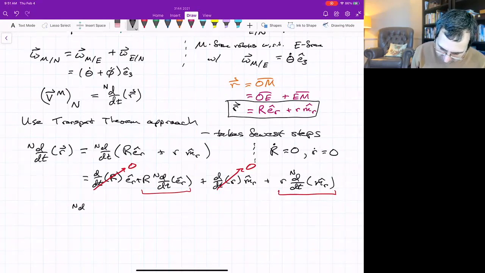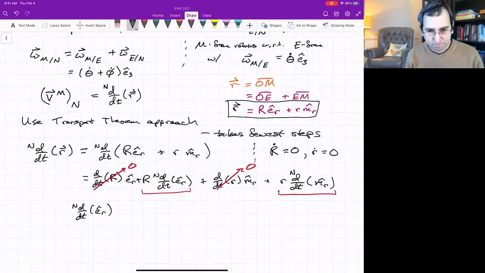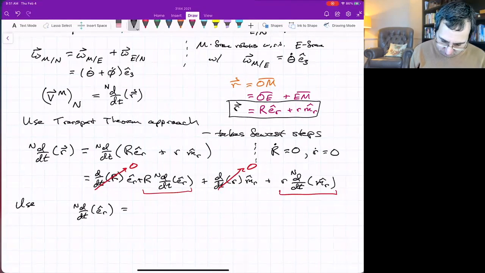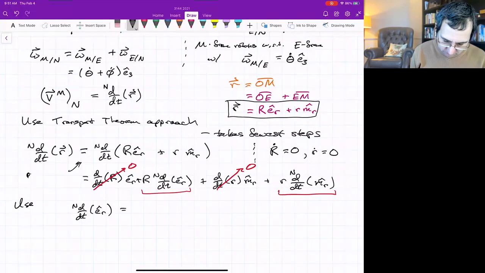I'll call these out separately. The derivative of the ER direction would be, now I use the transport theorem. This first step was just the product rule. Now we use the transport theorem.